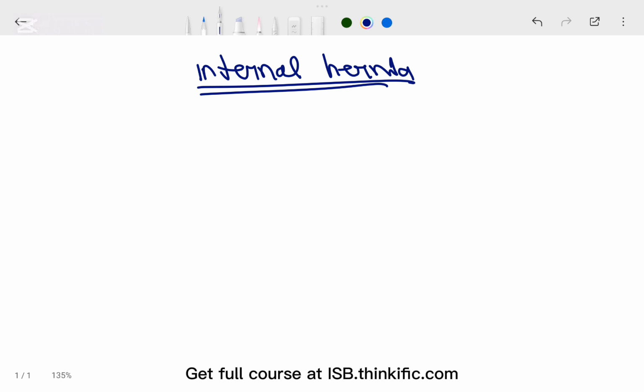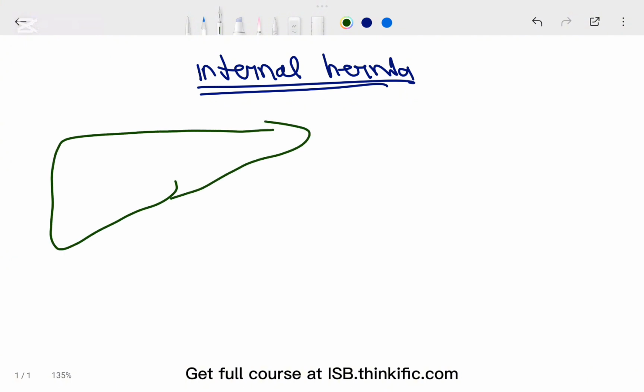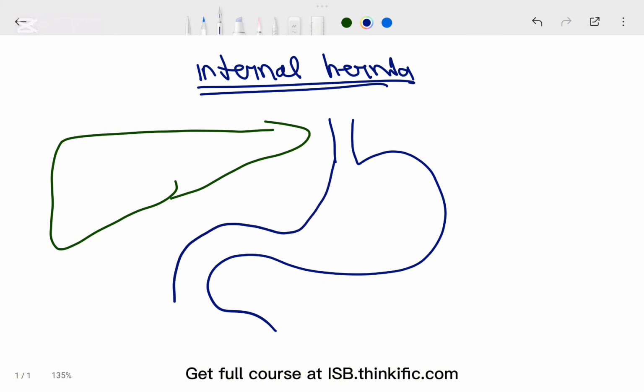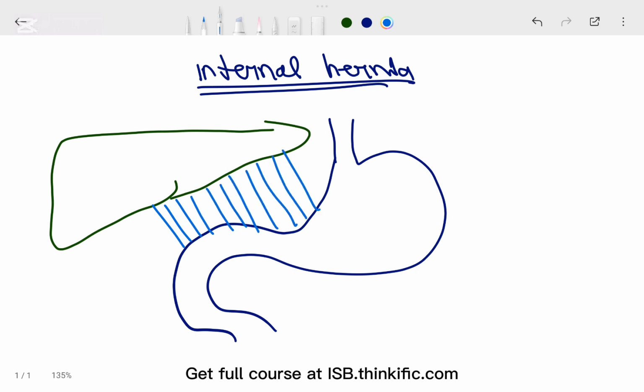One site is, you know, that's the liver. Right? And that's the stomach. And between the liver and the lesser curve of the stomach and first part of the duodenum is the lesser omentum, right? Anatomy of the abdomen.